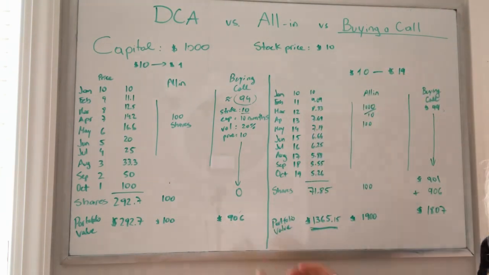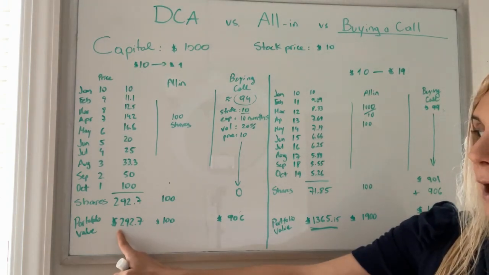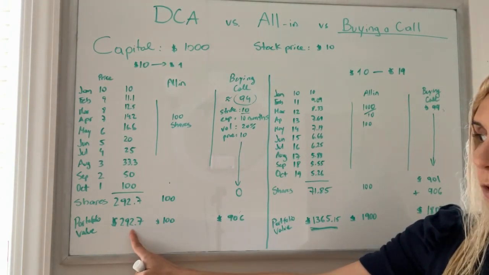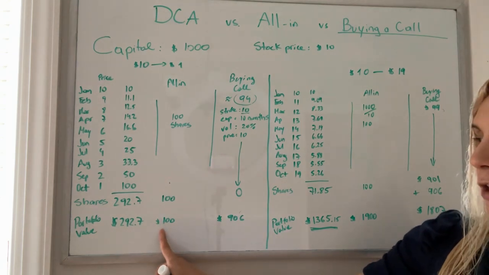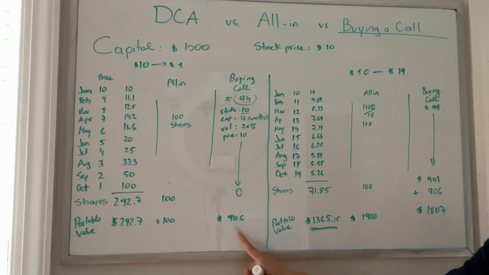So right away, you can see that if we have gone the DCA route, we're going to have a portfolio value of $292. If we have purchased shares at the beginning, our portfolio would be $100. And if we have purchased the call, our portfolio would now be $906.